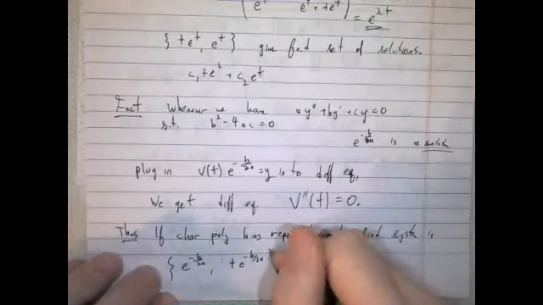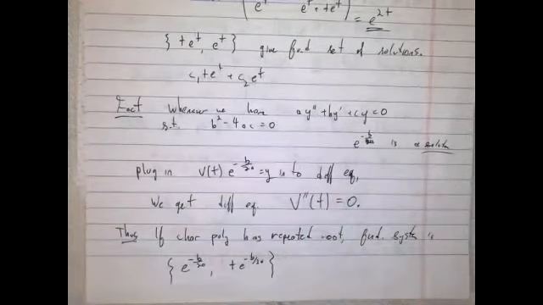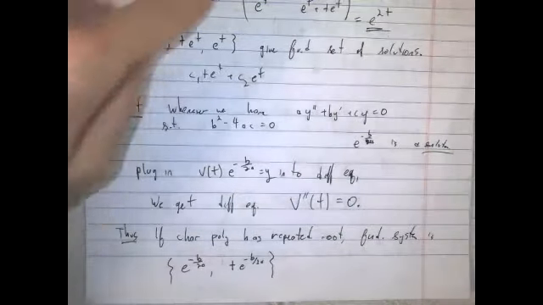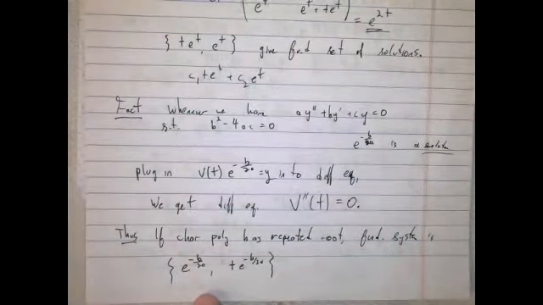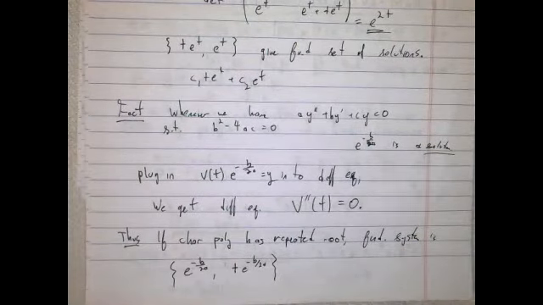These two form a fundamental set of solutions. And by essentially the same computation that we did above, the Wronskian of this pair of functions is non-zero. So this is indeed a fundamental set of solutions.